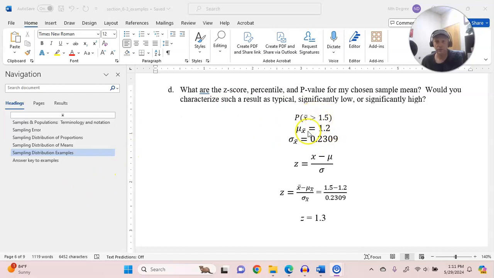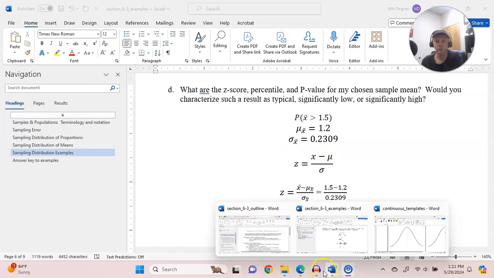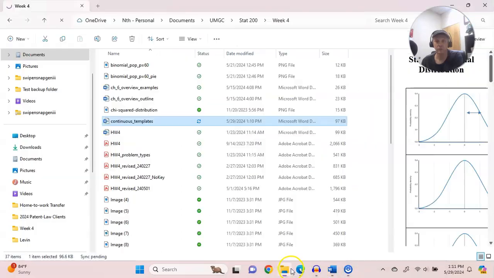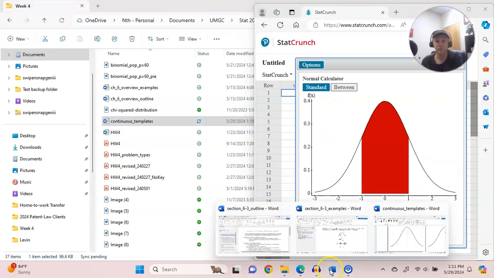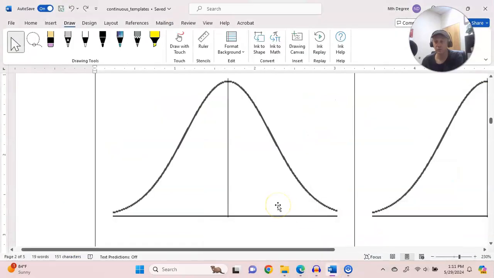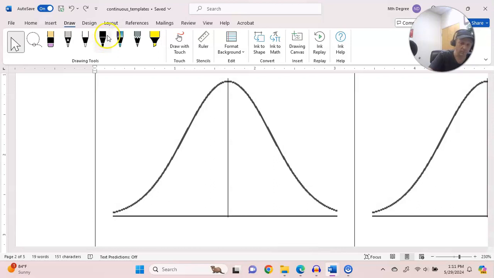Let's carry this information over to a normal curve over here. Okay, so this is our sampling distribution of means.